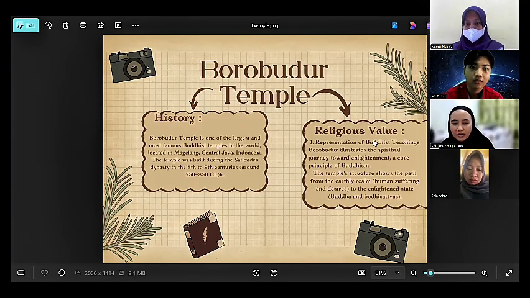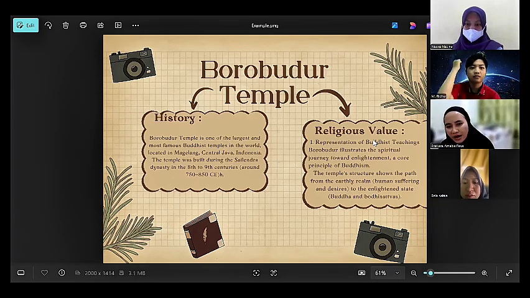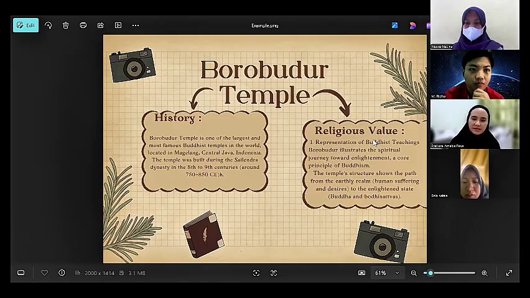Yes. A core principle of Buddhism. The temple structure shows the path from the earthly realm of human suffering and desires to the enlightened state of Buddha and Bodhisattvas.